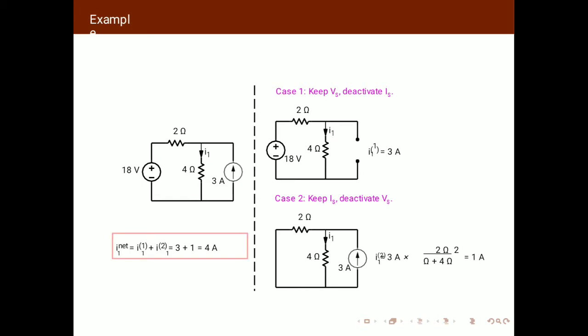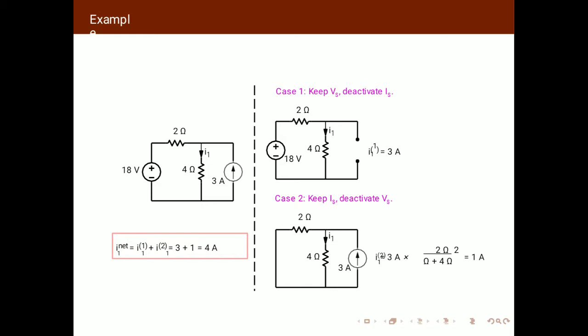I net is I1 from case 1 plus I1 from case 2. I1 from case 1 is 3 amps and from case 2 is 1 amp, so we get 4 amps. So this is the superposition theorem.